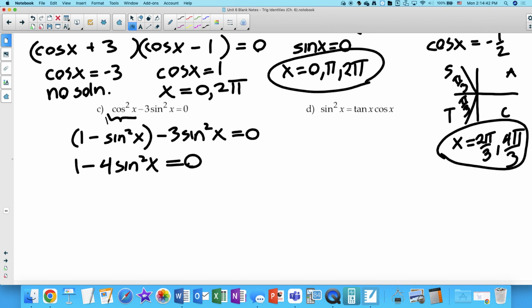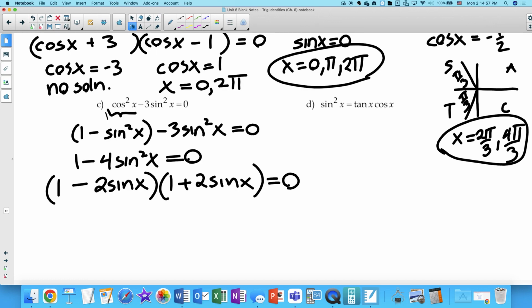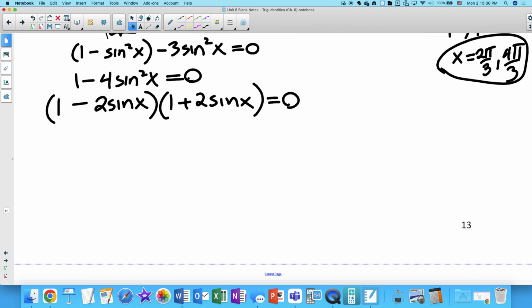And it's only 1 trig ratio, which is nice. So we will get from here that sine x equals 1/2, and here sine x equals negative 1/2.